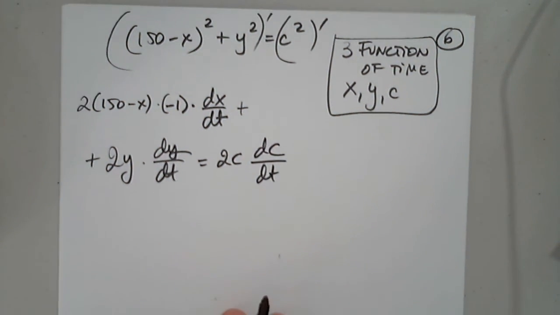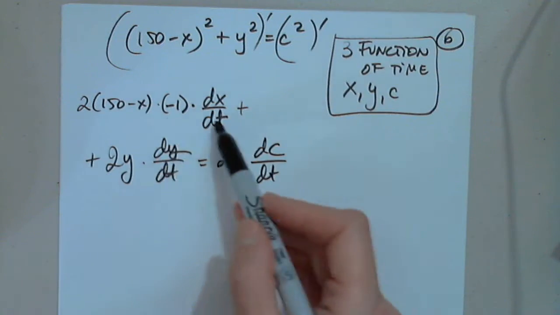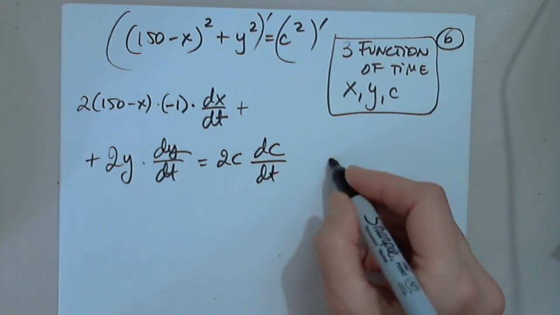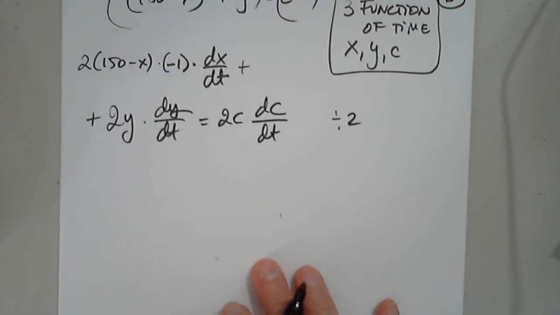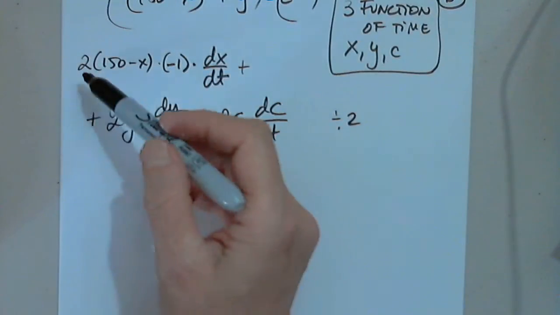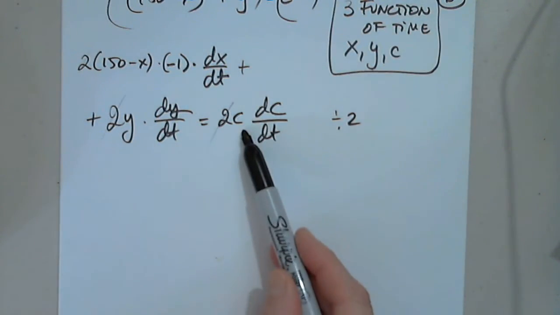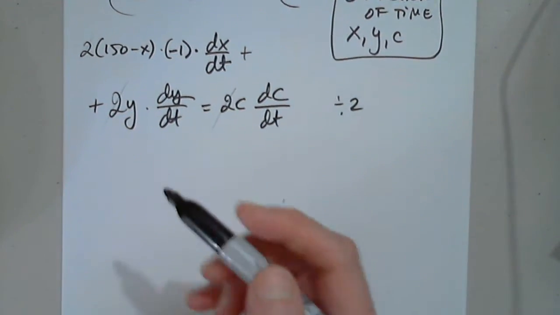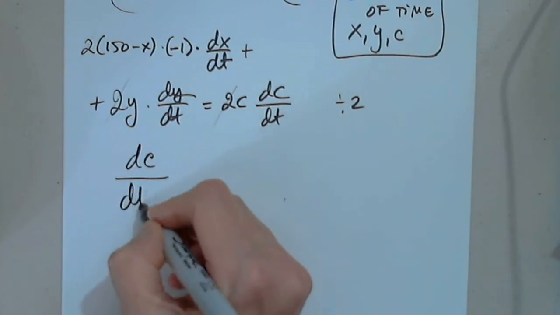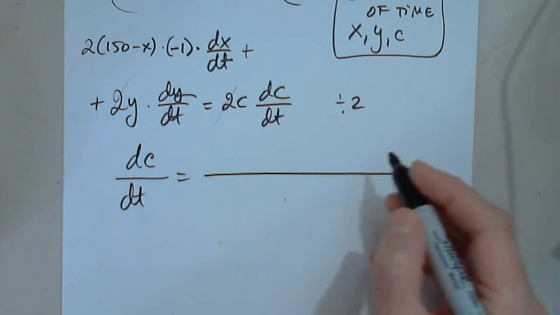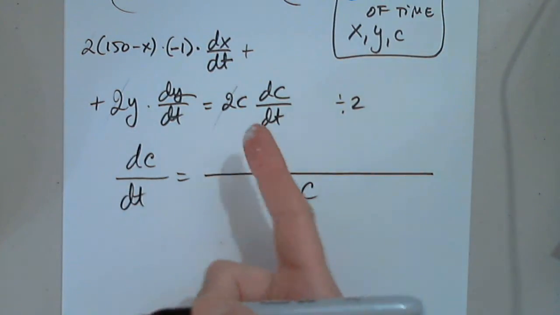Okay. So I will simplify because all these 3 terms have 2 in common. So I will divide both sides by 2, so that will go away. And then I will divide by c because I only want dc over dt. And this is all at the top.